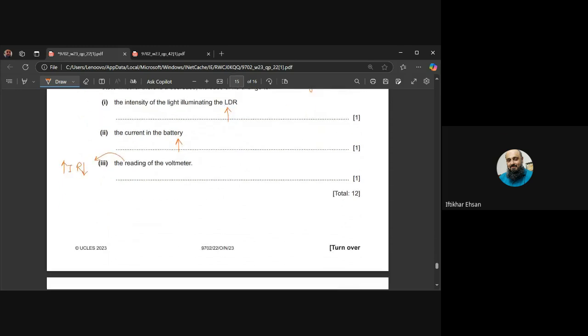We can get the answer from this: there was an LDR connected to another, fixed resistance, and the total EMF was divided between the two. So when I increases, this fixed resistance will get more voltage. In a series circuit, the voltage is divided. If one part gets higher voltage, the other part will get lower.